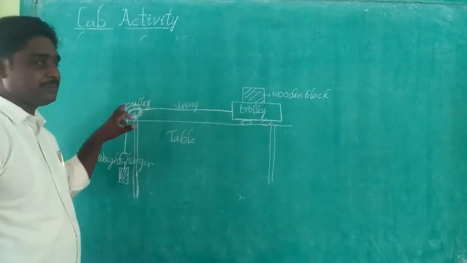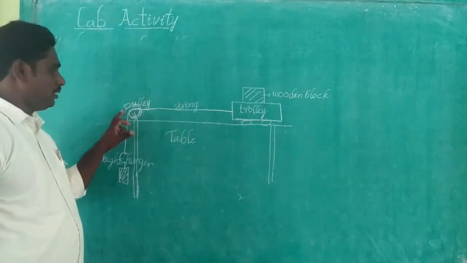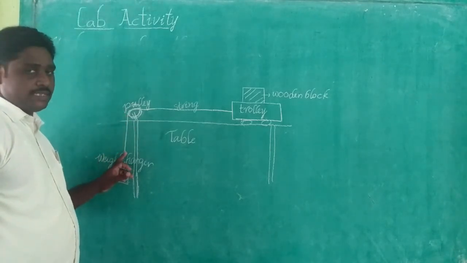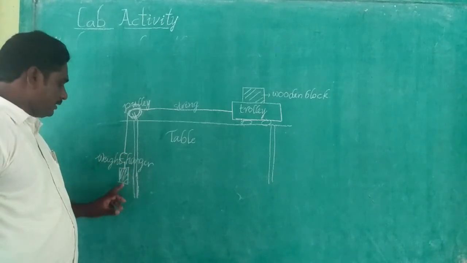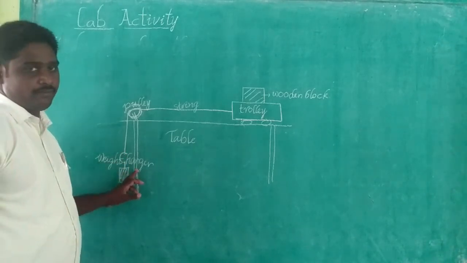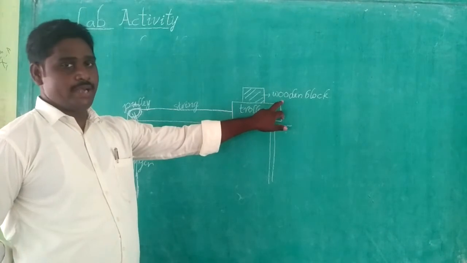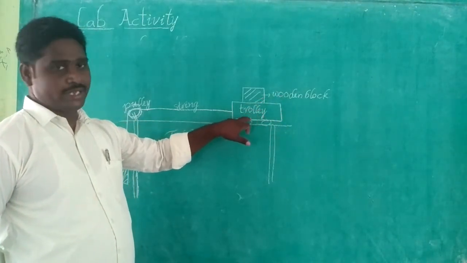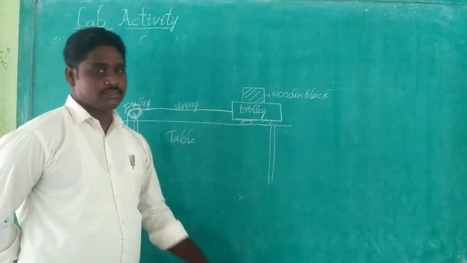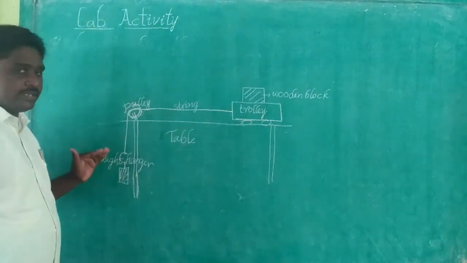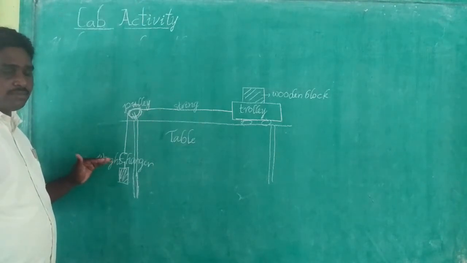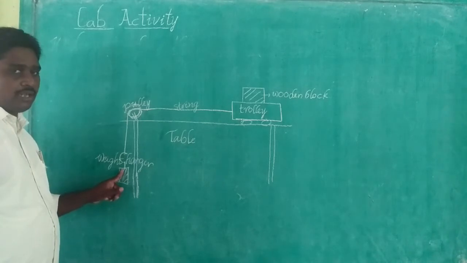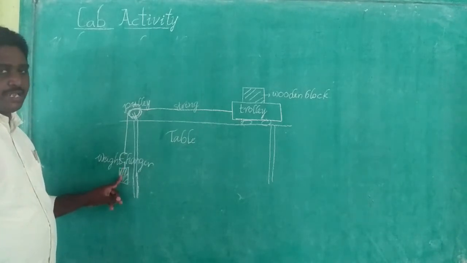This string is passed over the pulley, and the end of the string is attached to a weight hanger. Next, take a wooden block. The wooden block is put on the surface of the trolley. Understand? Now here we take weights of 10 grams, 20 grams, 30 grams, 40 grams. These weights are put in the weight hanger.